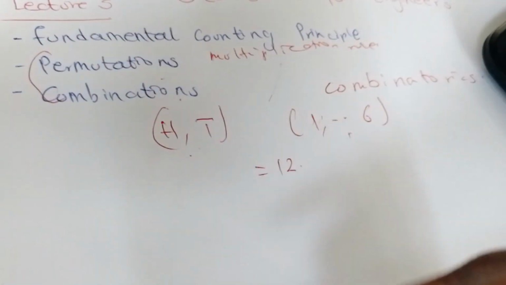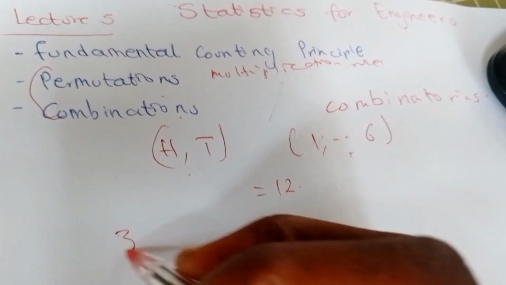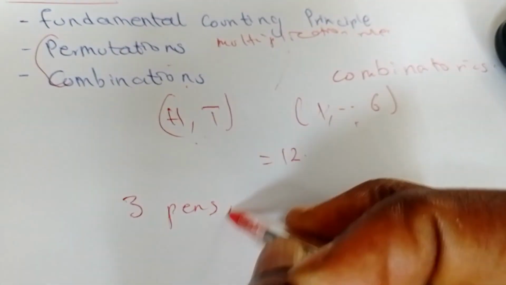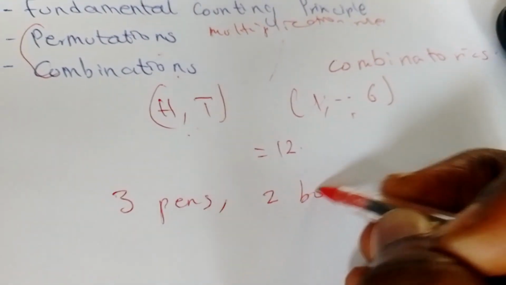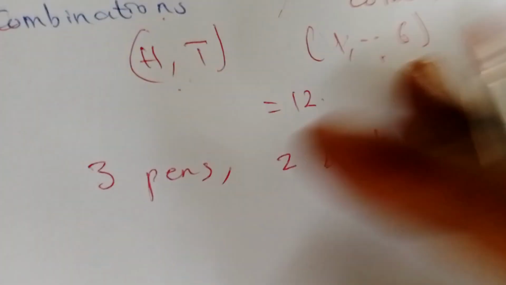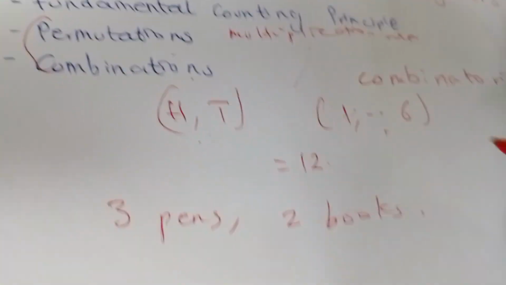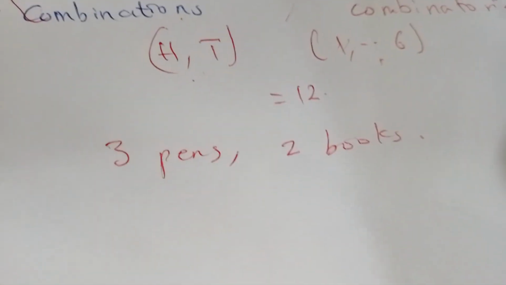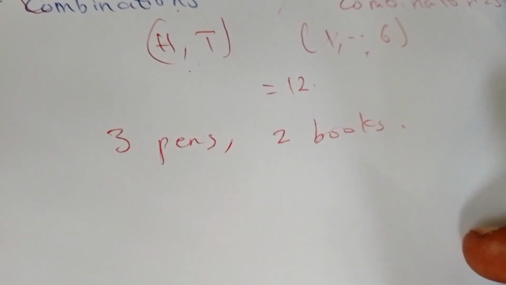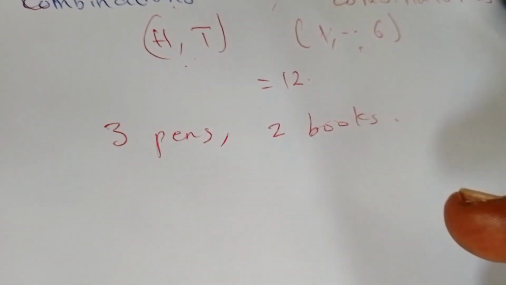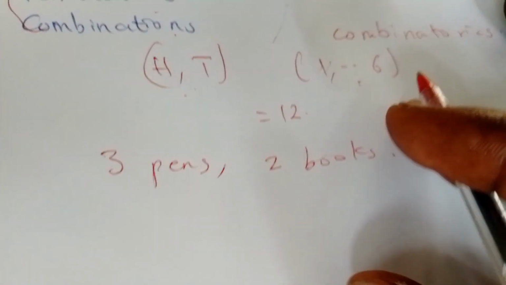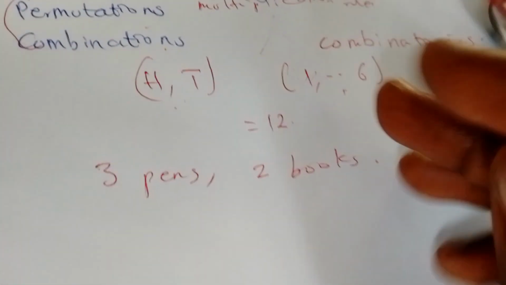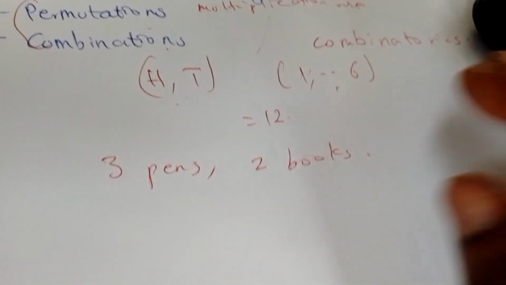So let's say you have 3 pens and 2 books. You want to go for a seminar or something. How many possibilities are available to you to pick a stationery?